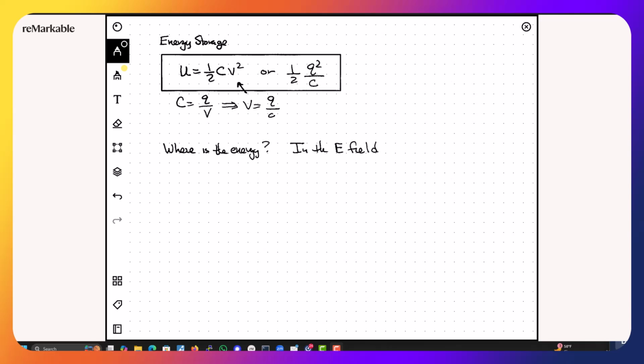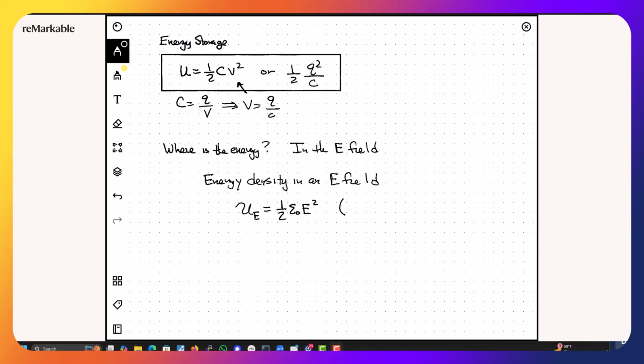So the field itself has an energy density. So we can say that the energy density in an E field, the field itself, that'll be U_E, is 1/2 epsilon naught E squared, where E is the electric field.